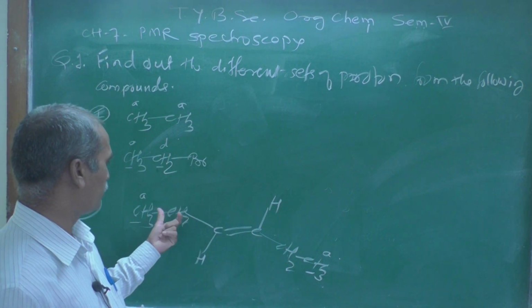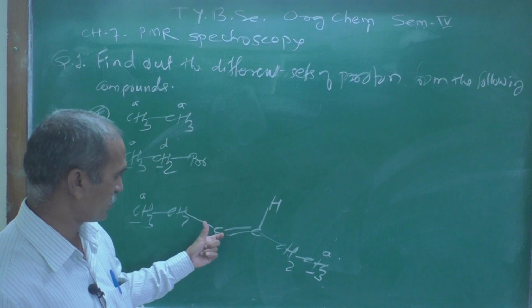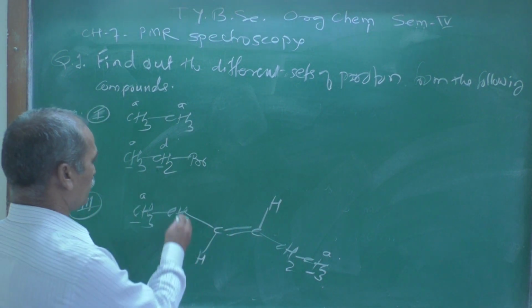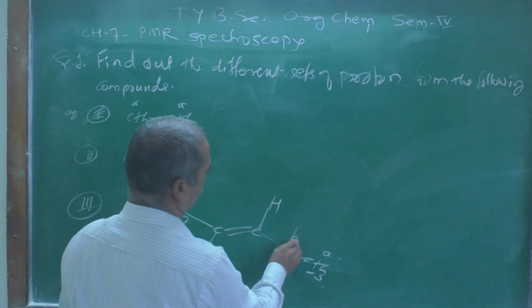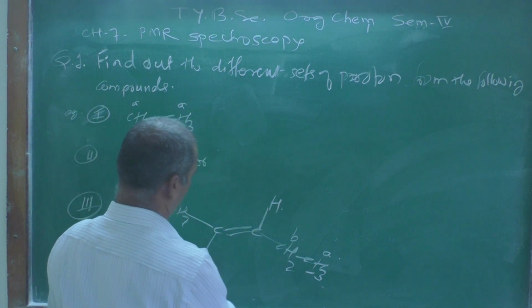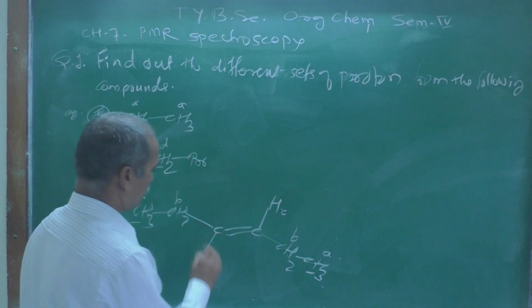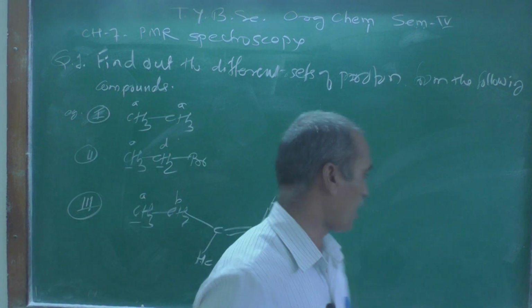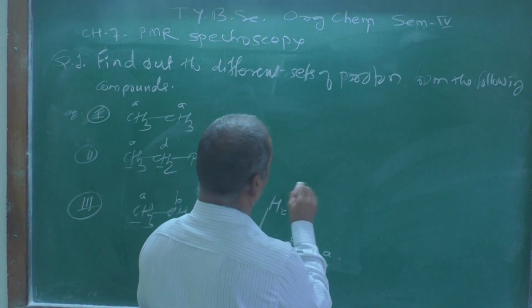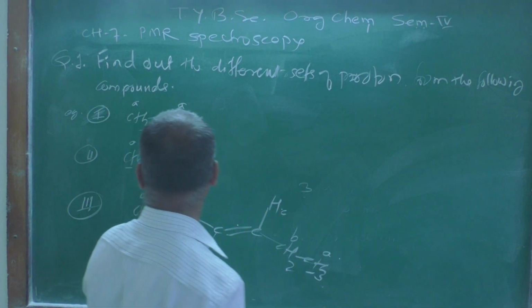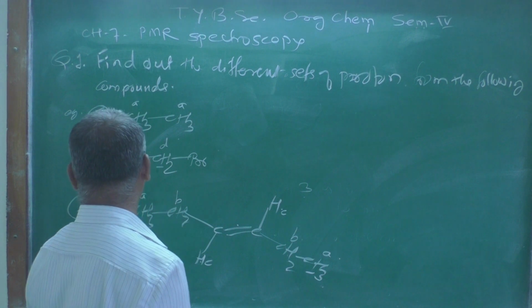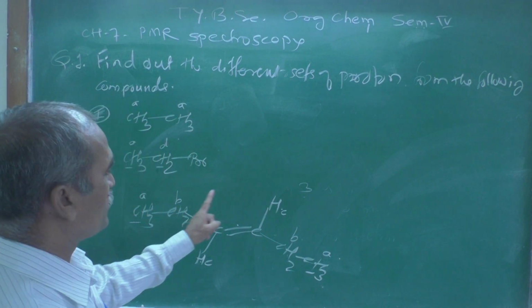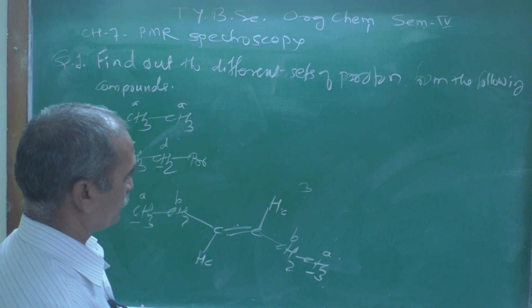On one side there is a methyl group, on the other side CH. Same thing is over here. So it will be B. And look at this hydrogen atom and this hydrogen, they are C. How many sets of protons are present here? There are 3 sets of proton present in this compound.